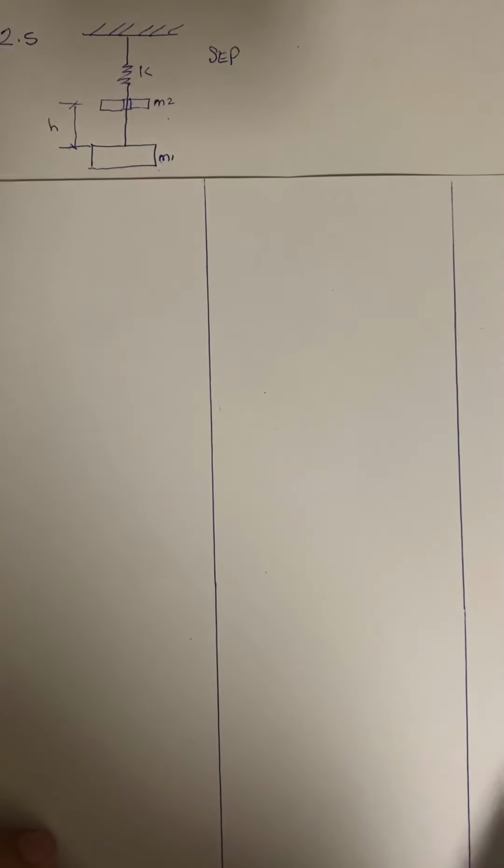So I'm going to show first a free body diagram in the static equilibrium position to show that the sum of forces is equal to 0 because there's no movement. Therefore the forces counterbalance each other. And then I'm going to show a free body diagram of the vibrating system and a sum of forces for that system.